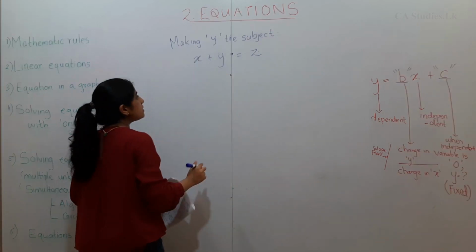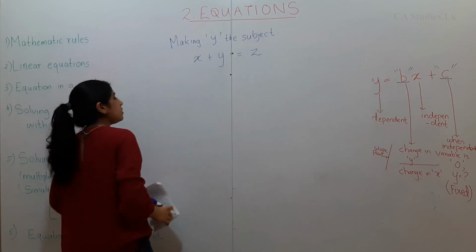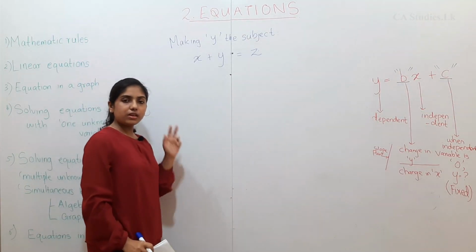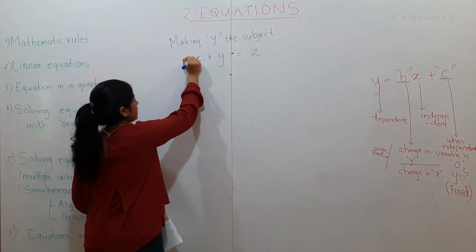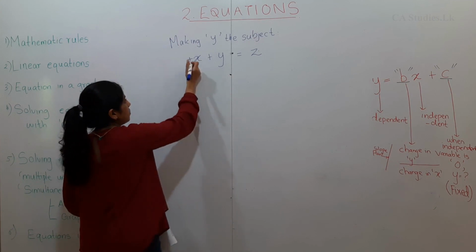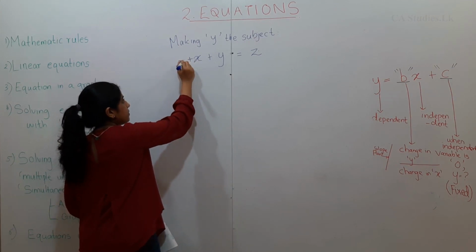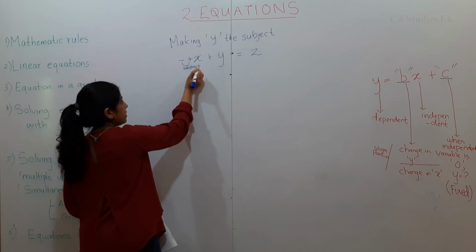To make y the subject, we should take off x. You all know when a number is without any sign, it means it is with a plus sign. So if we minus this out, the function will be subtraction, as I taught you all initially.